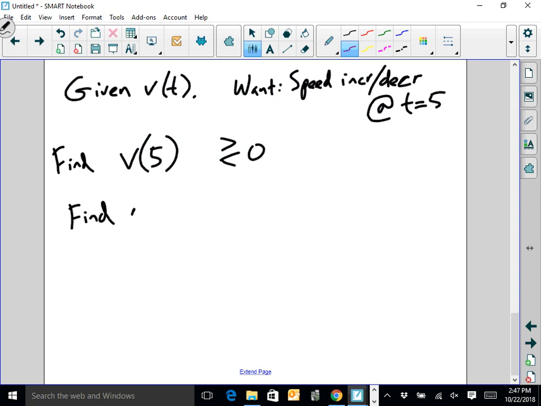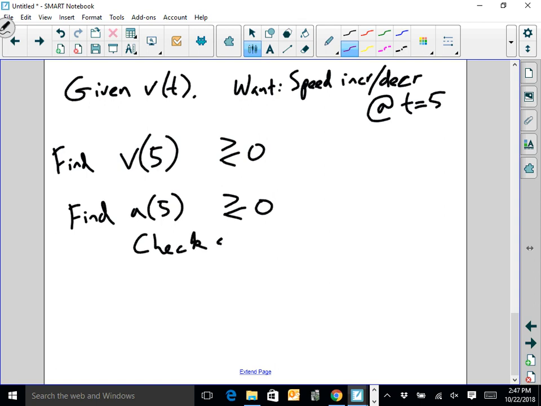The next thing I need to do is find a of 5. I can do that by doing a hand derivative of the velocity equation, or I could do the derivative through my calculator. Either way, I need to find a of 5 and determine, is it greater than or less than 0? And lastly, I need to check signs.